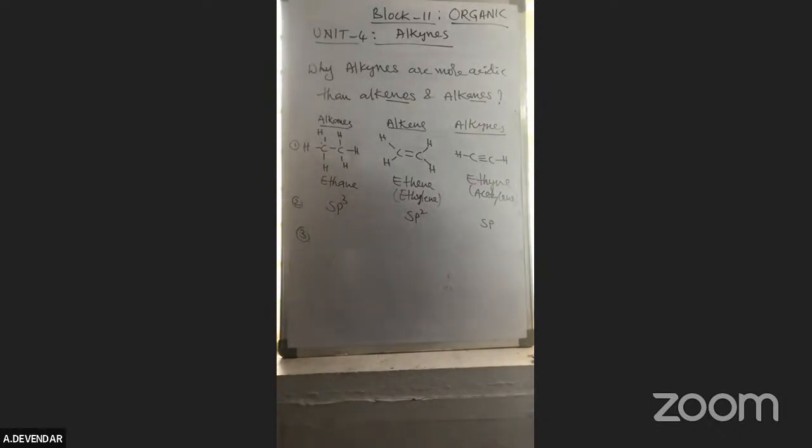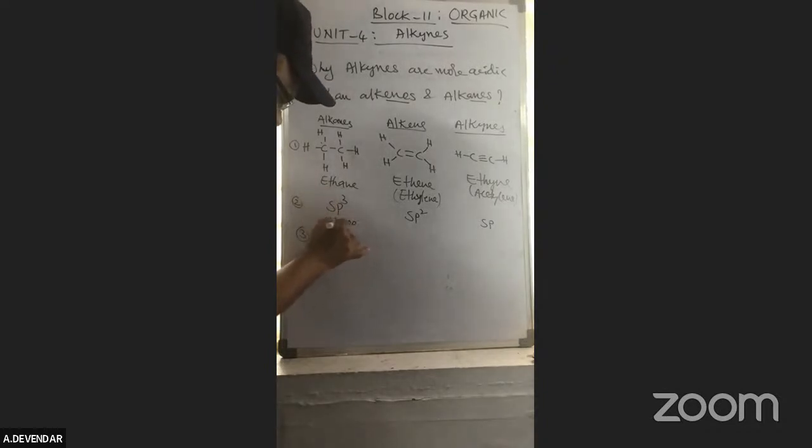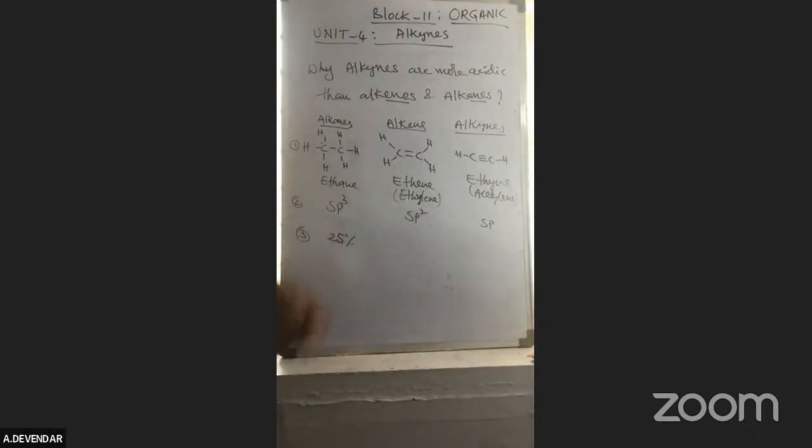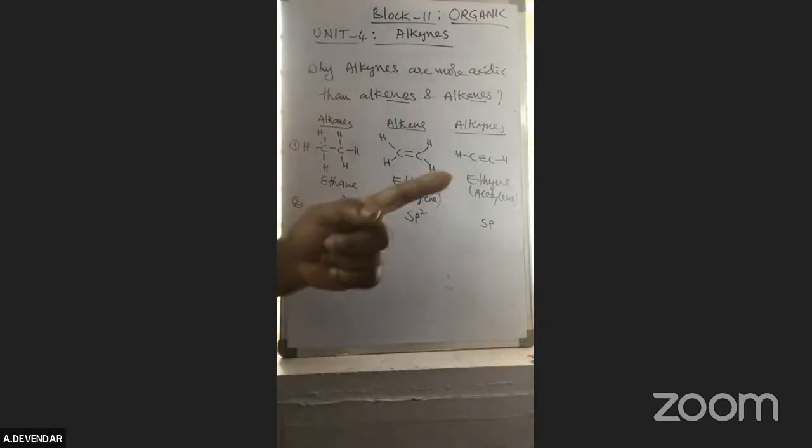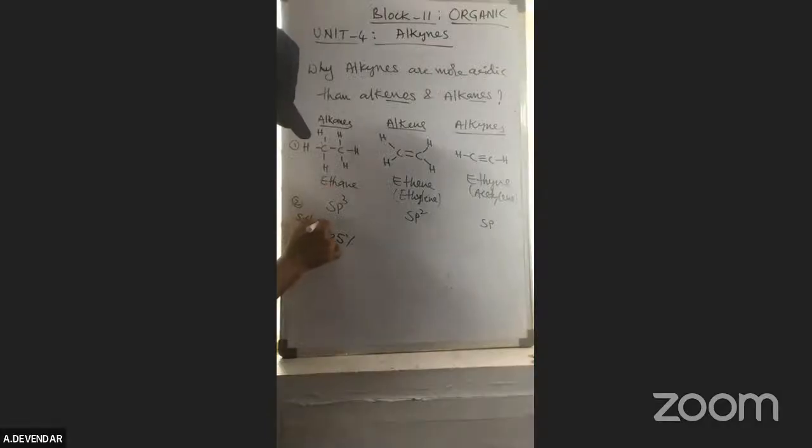So 1 plus 3 is 4 units, equal to 100%. 1 unit is 100 by 4, which means 25%.